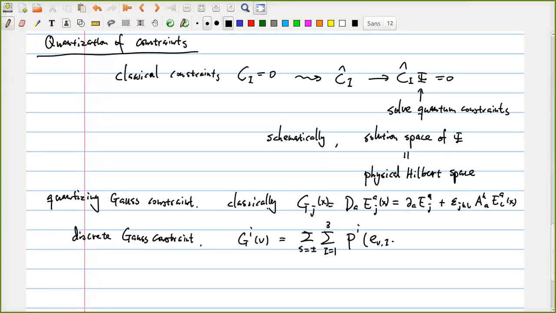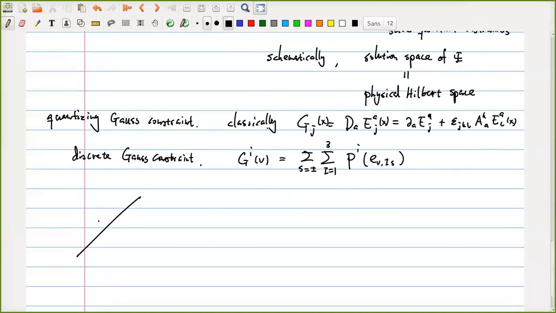Remember our notation of the edges: we set all the edges to be outgoing, and each edge is labeled e_{v,i,s}, where i from 1 to 3, and s corresponds to plus direction or minus direction. So the Gauss constraint is just the sum over all the fluxes.